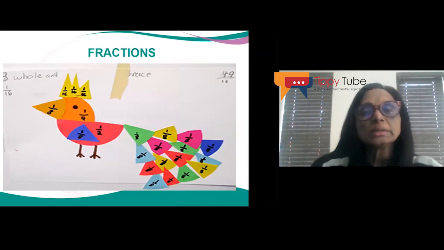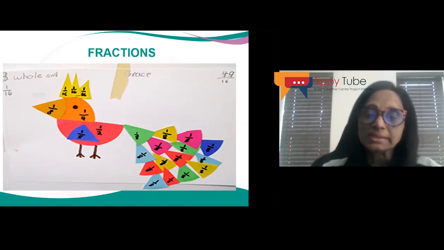Now, the first topic that we will cover is fractions. As you can see, here there is a very creative bird and you can see different fractions. What this picture means is that fractions can be taught in a fun way.